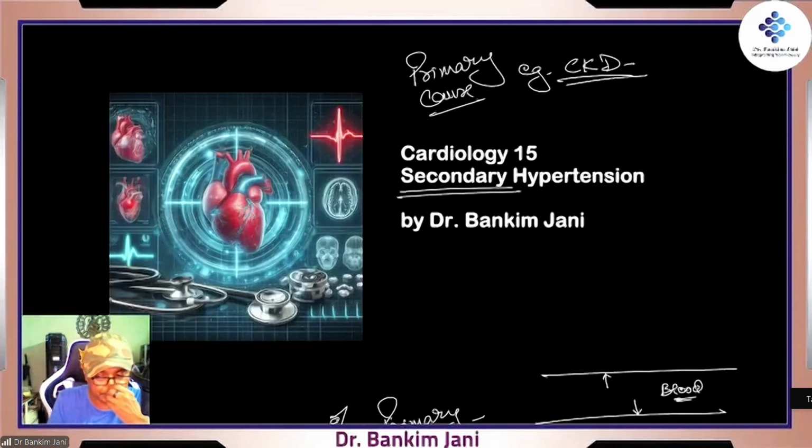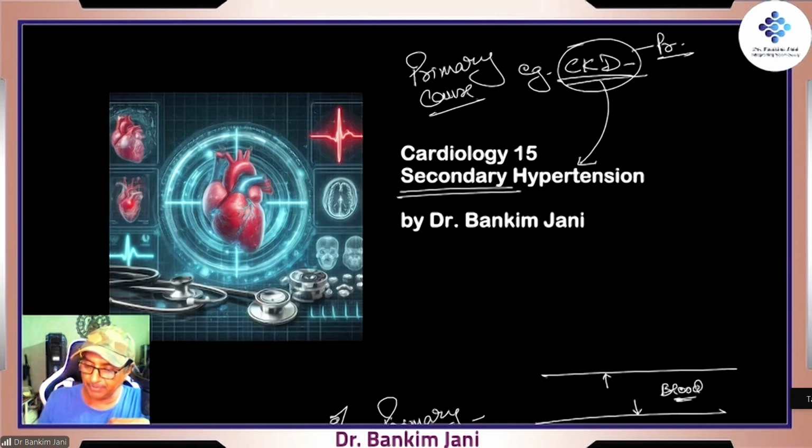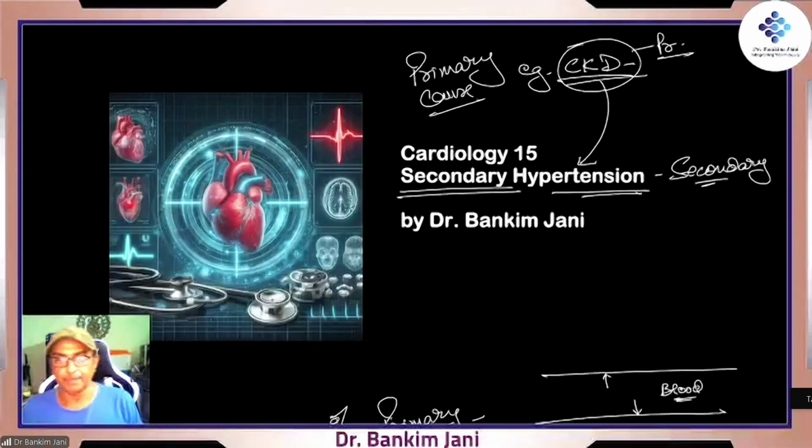And in chronic kidney disease, not everyone, we'll be discussing very shortly why it doesn't happen with everyone. But in chronic kidney disease, almost 80% of the patients will be having hypertension. So this hypertension is because of chronic kidney disease. So chronic kidney disease is a primary thing, and hypertension is a secondary thing. Secondary means which is because of the primary cause. And here the primary cause is kidney is affected. Got it? So that is the topic for today.